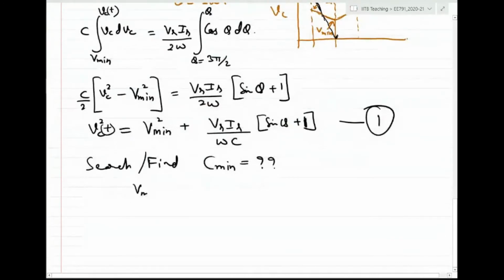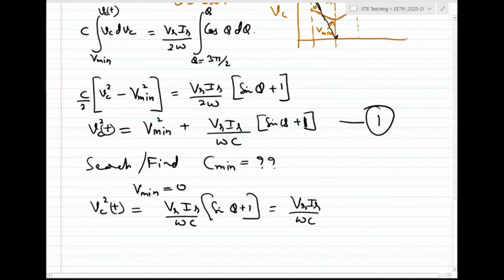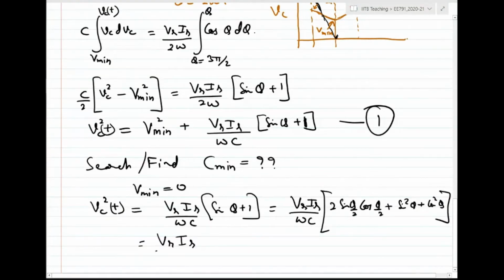So if I substitute V min equal to 0, then I get this expression: VC squared of t is equal to VR IR upon omega C times sine theta plus 1, which I can rewrite as VR IR by omega C times 2 sine theta by 2 cos theta by 2 plus sine square theta by 2 plus cos square theta by 2, which is A square plus B square plus 2AB.